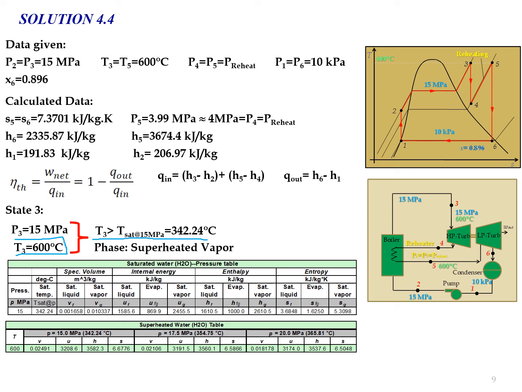Now we look at the temperature of 600 degrees Celsius and pressure of 15 megapascal, and we can extract the information for h3 and s3 from this table.